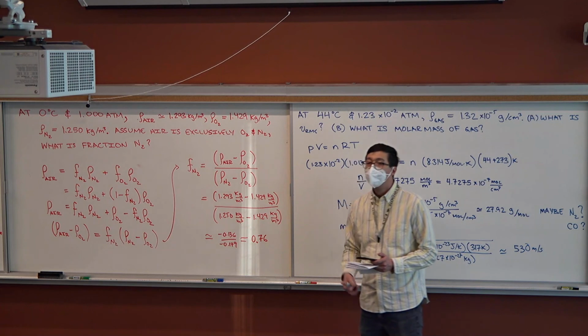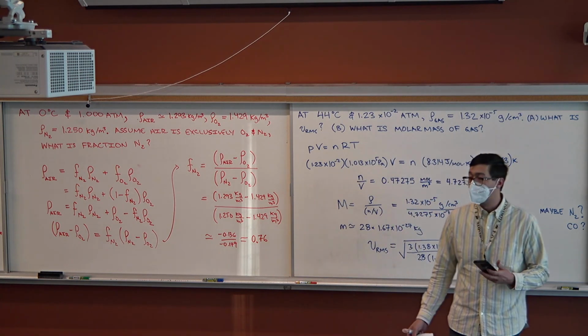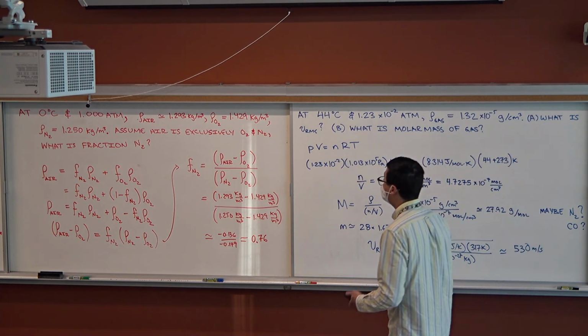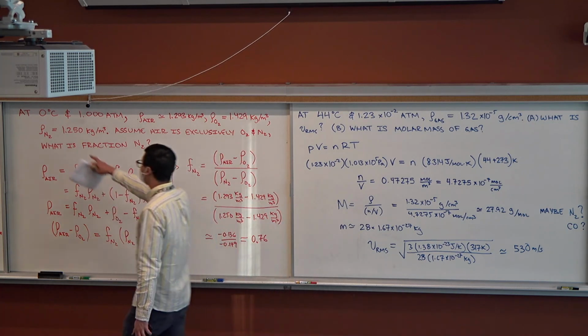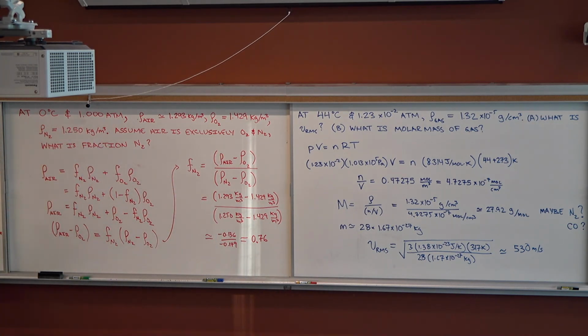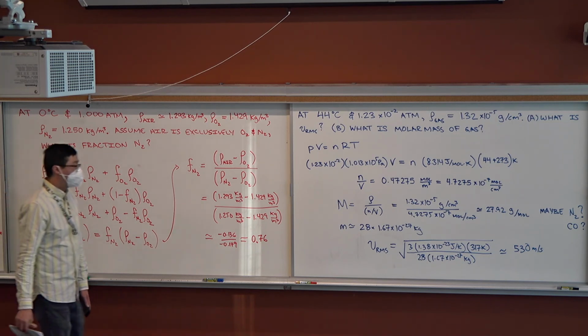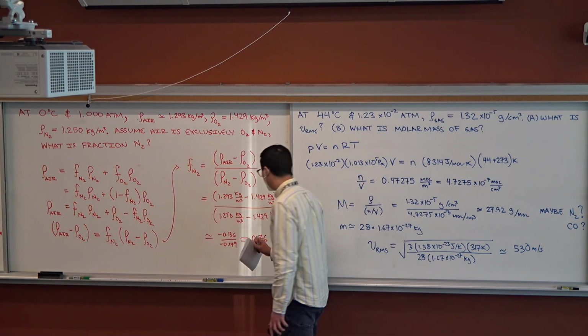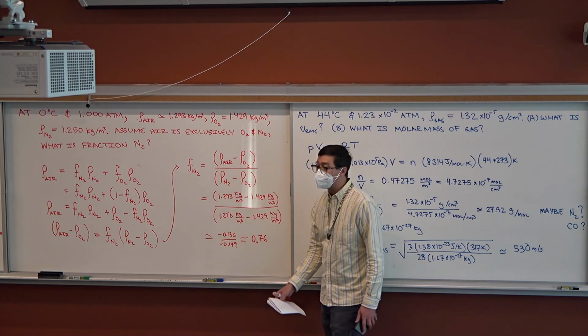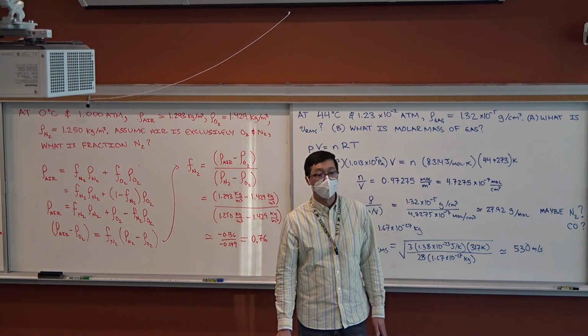Or the air in this room, if it were 0 degrees Celsius, 1 atmosphere, and it were just made of oxygen and nitrogen, would have about 76% nitrogen, about 24% oxygen.